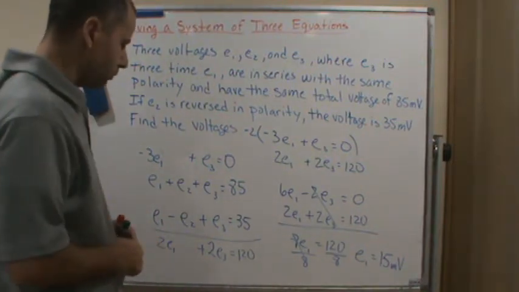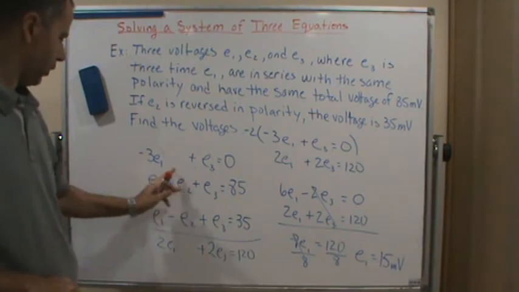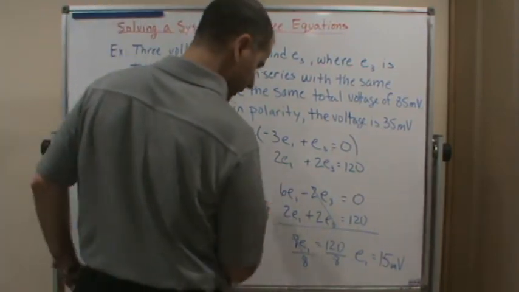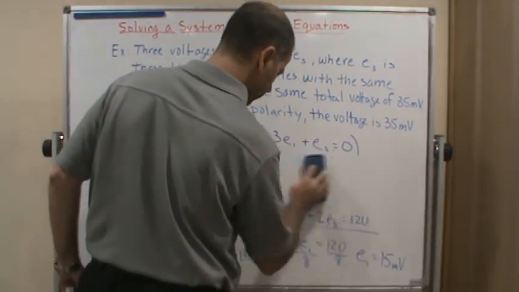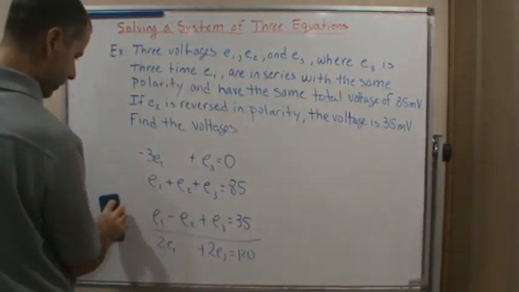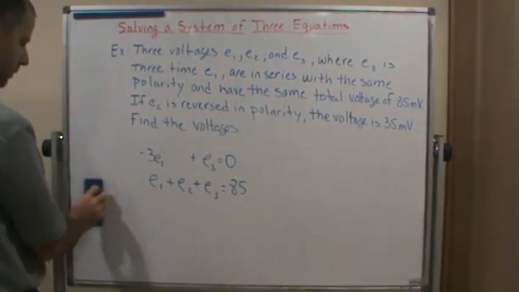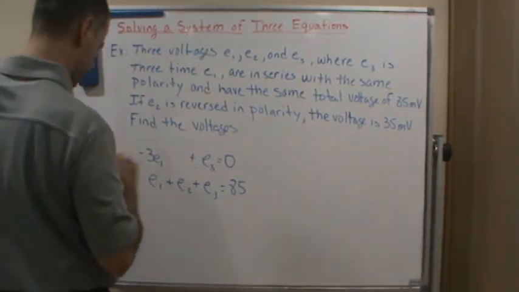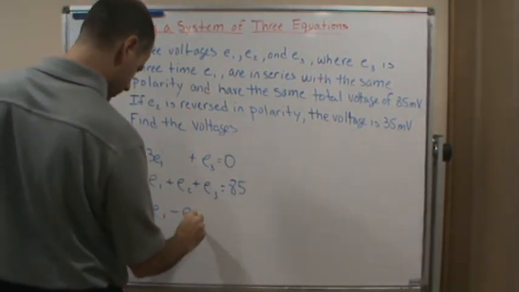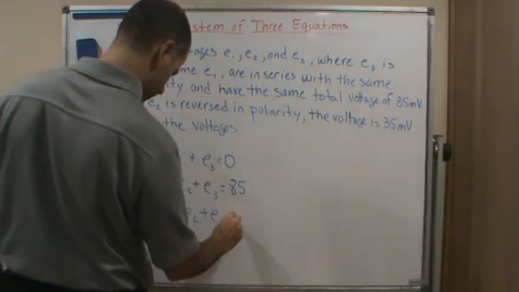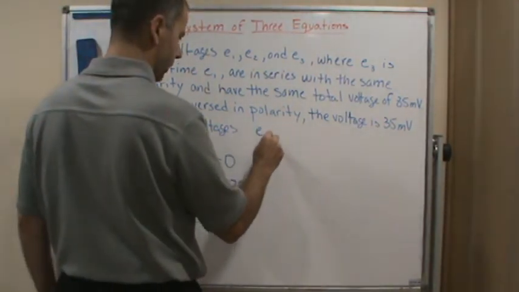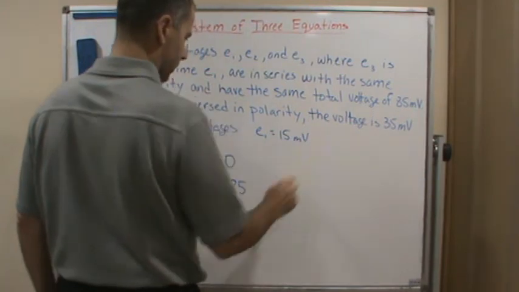Okay, so now we found E1. Now we can go back and solve for E3. So we got E1 is equal to 15 millivolts.